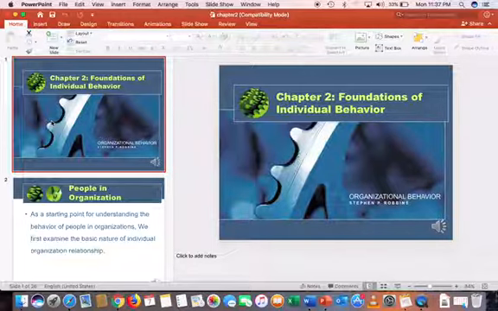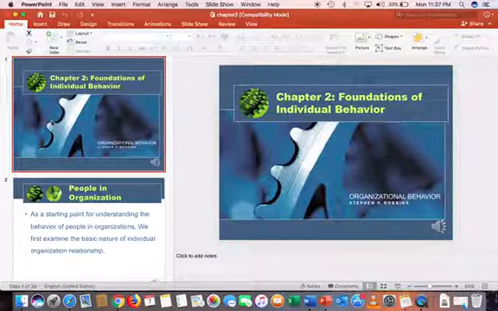What are the foundations of behavior? We defined behavior before: behavior is the end product of interaction between the environment and individual characteristics. There are three foundations that we will study, and they are personal, organizational, and environmental.